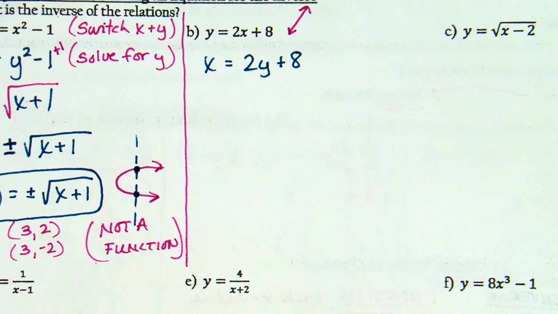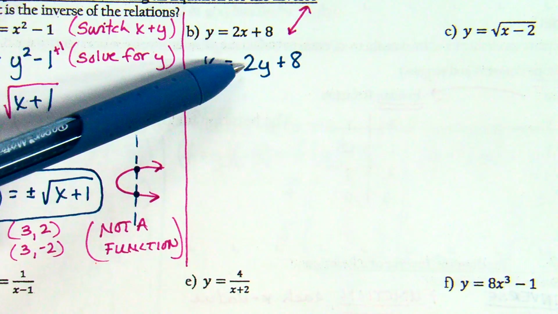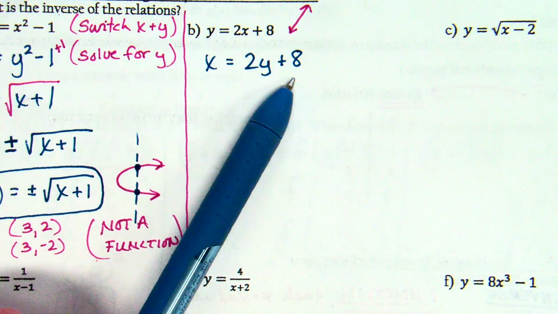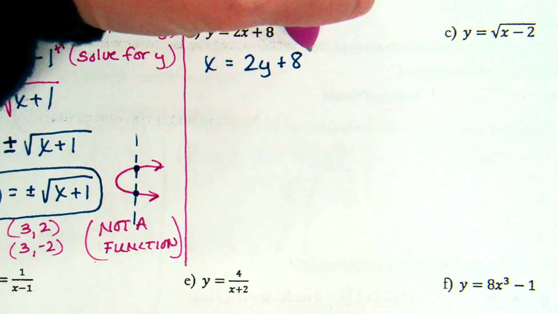Now, after we switch x and y, what was the next step? Solve for y, yes? So, I have x equals 2y plus 8. What is my first step in getting this y by itself? If it's 2y plus 8, to move that 8, since it's plus 8, I'm going to subtract 8.